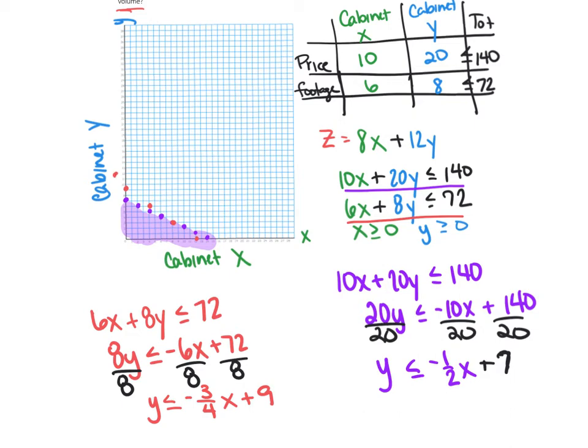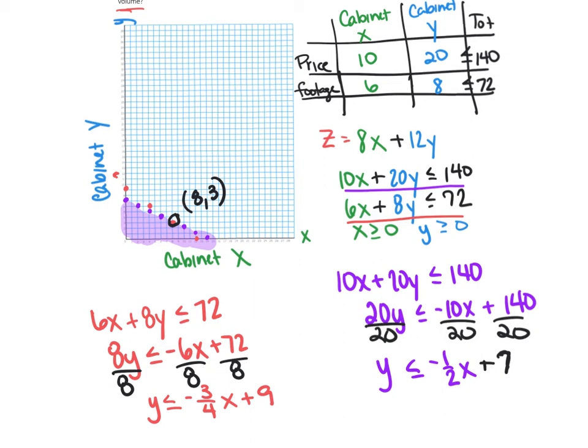So if you look here, this red line is created from here to here. The purple line is out here to here. The intersection of those two lines occurs at this point right here, which is the point 8, 3.